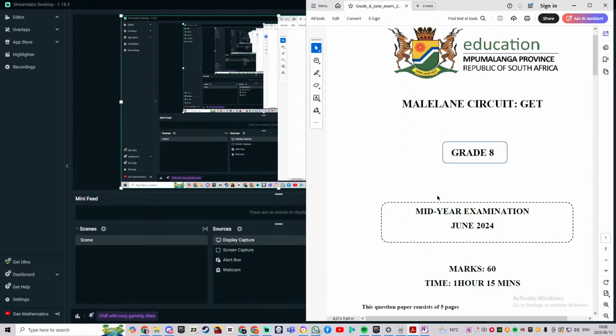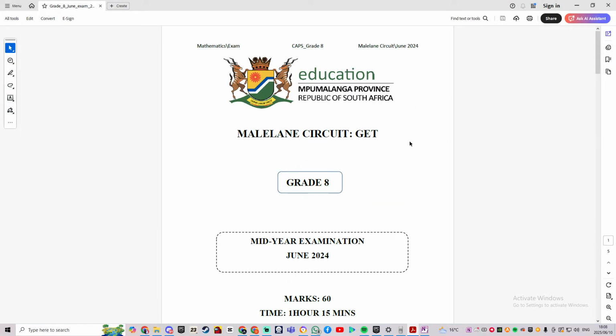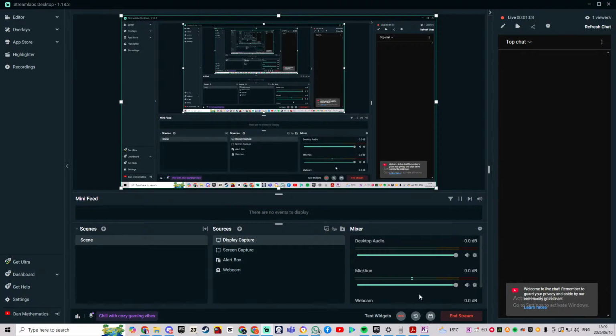Right, let's have a look at this paper. I'm just going to check my audio, checking that everything is fine and running smoothly. Testing 1 2, testing 1 2, audio check.